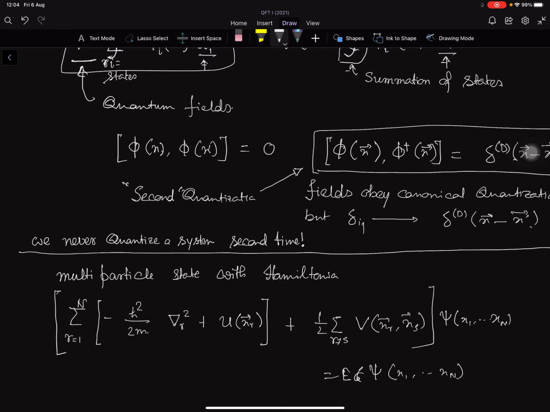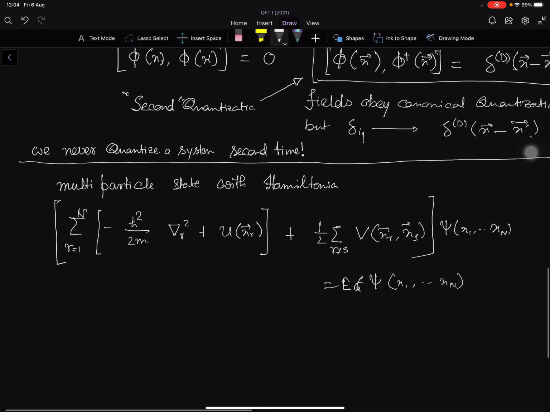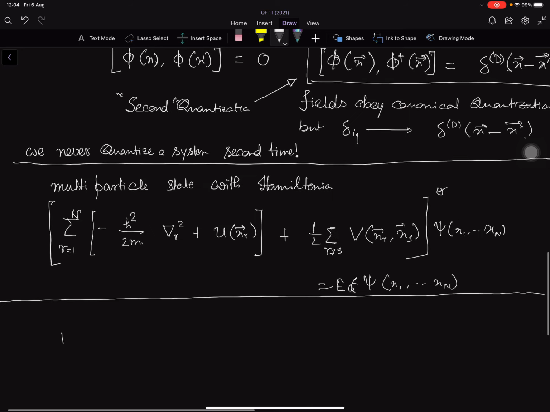Then the important thing is that once this is in the multi-particle language, the claim is that you can construct the following object, you can check it.